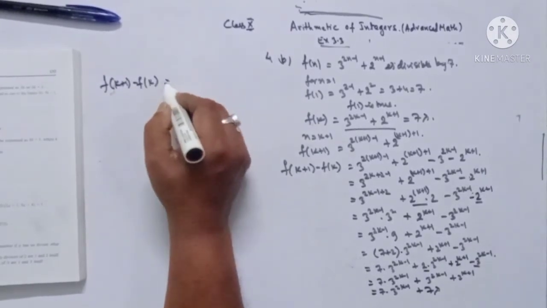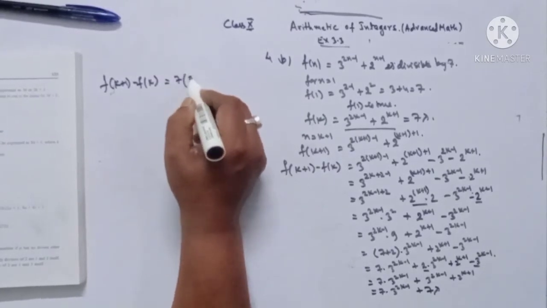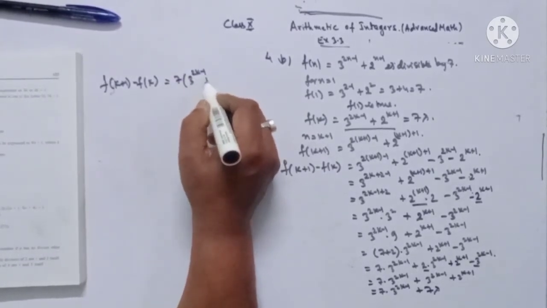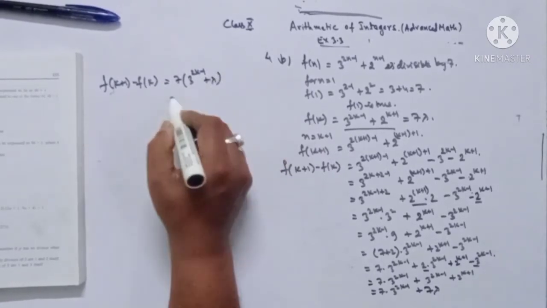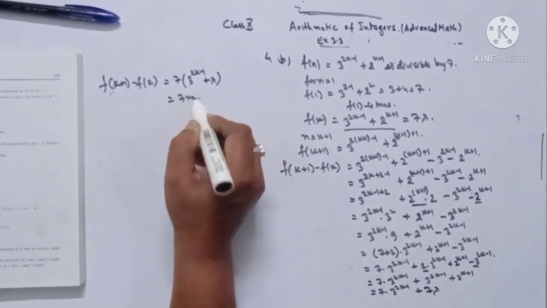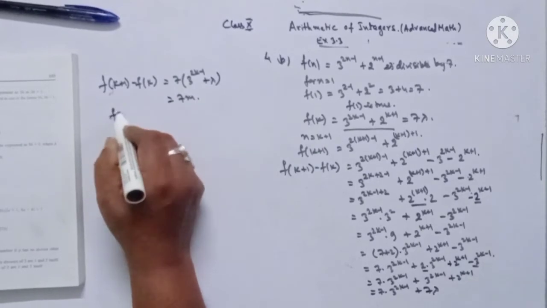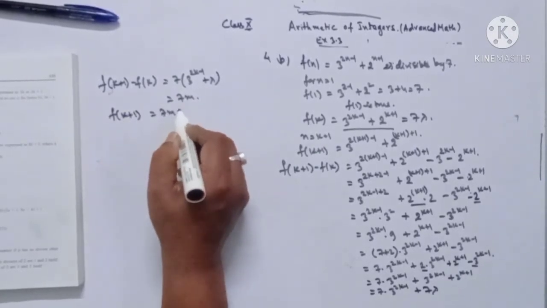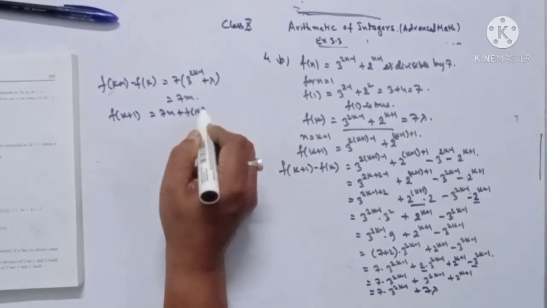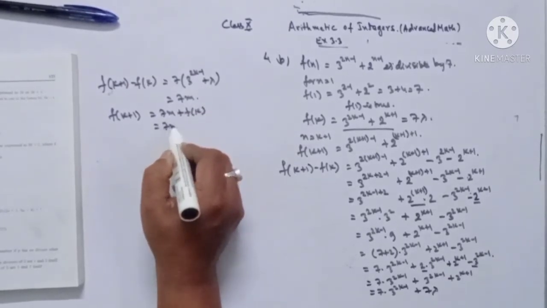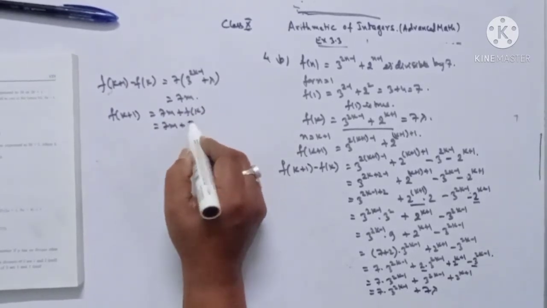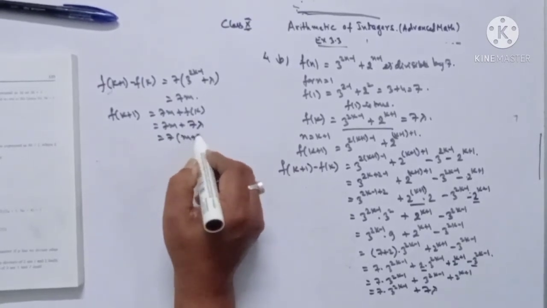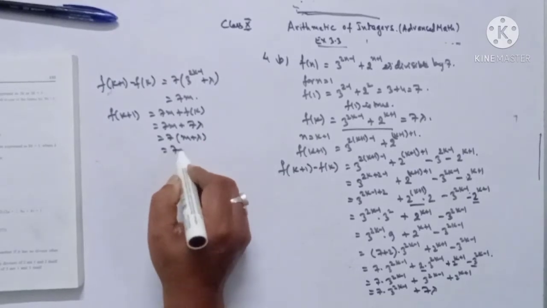This will be equal to 7 common, 3 to the power of 2k minus 1 plus lambda. So I can write this as 7m. Now f k plus 1 is equal to 7m plus f k. This is 7 lambda, so this is 7 common m plus lambda, so this is 7p.